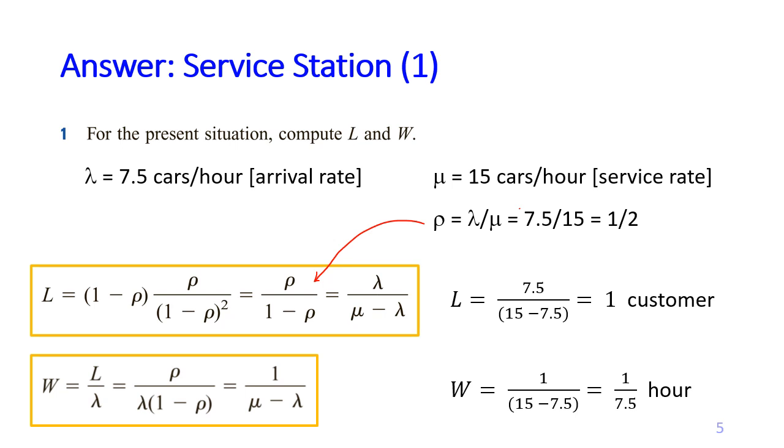Just plug in the numbers and you get this result. We may say that in the current system, it is unlikely to have long lines because we only have one customer on average in the system. And on average, each person spends around 8 minutes in the system.